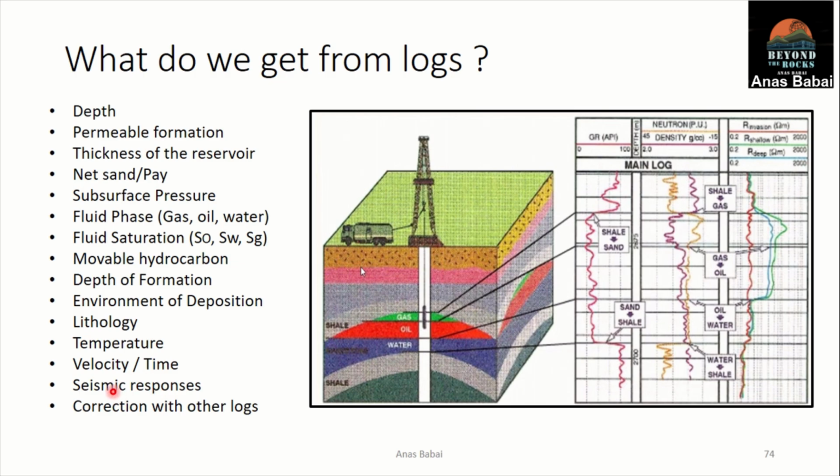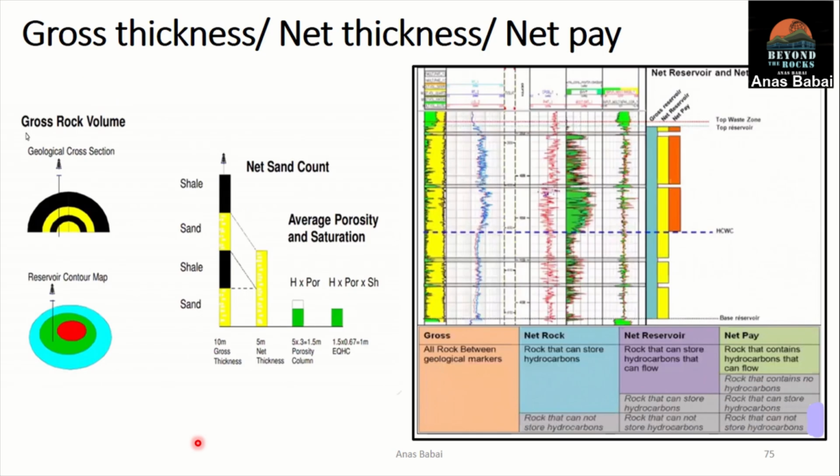So in order to fix them both, we need the synthetic seismogram and the correlation with other logs. Because the correlation is mainly done by the gamma ray log, one of the major logs for correlation.